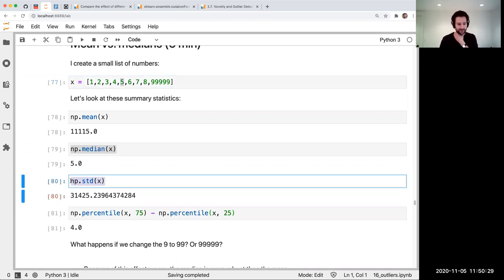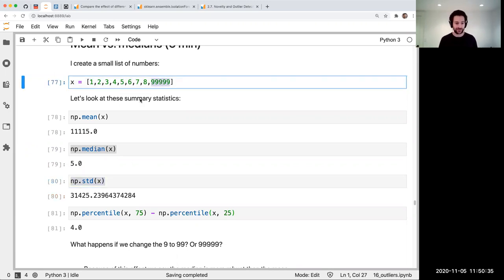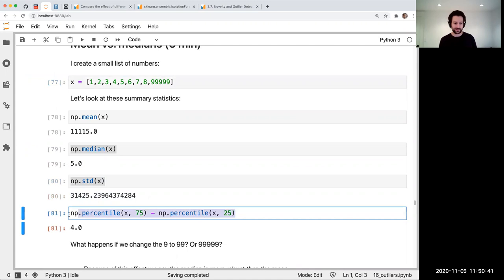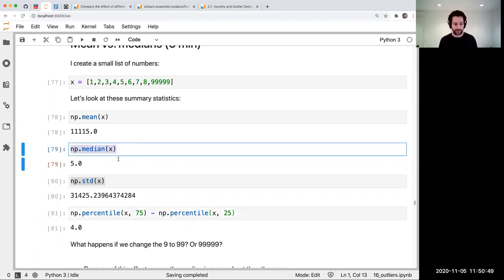Likewise, the standard deviation is a statistic that depends on the mean and depends on the variance, both of which are going to be affected by this big value. So the standard deviation went way up from 2.5 to 31,000. But this interquantile range, as it's called, stayed the same. And so I would say the median is a statistic that is robust to outliers.